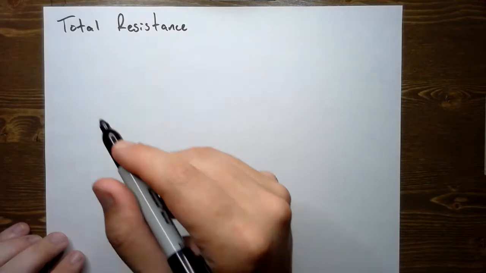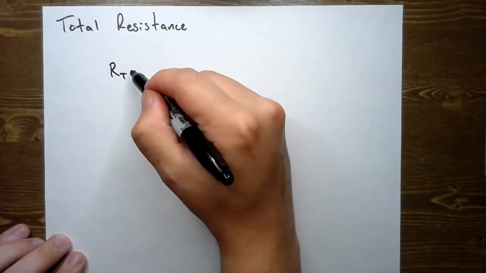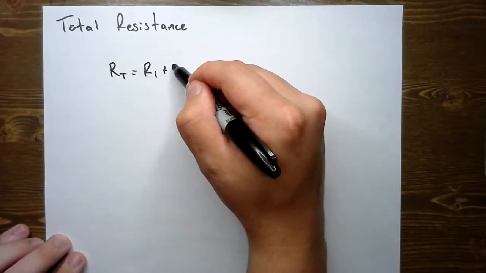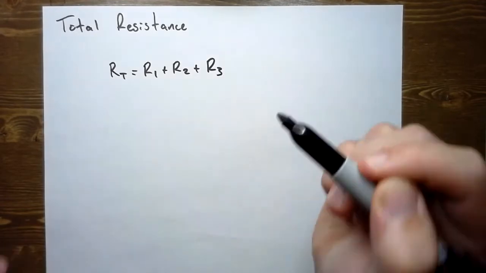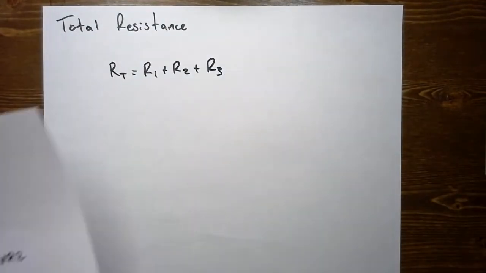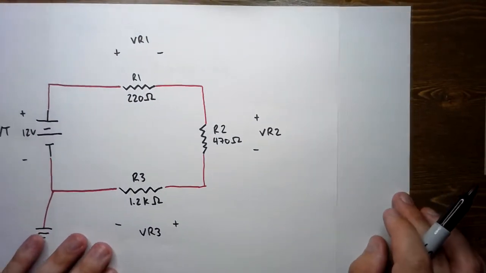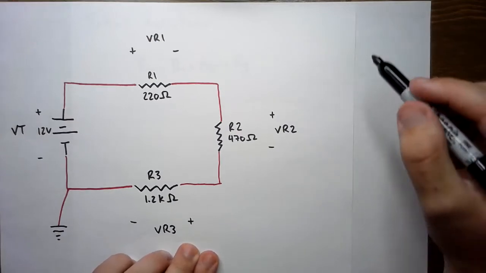RT is equal to R1 plus R2 plus R3, because we have three resistors in our example. If we take a look at our example here, we should be able to see them all. Write those down really quick.